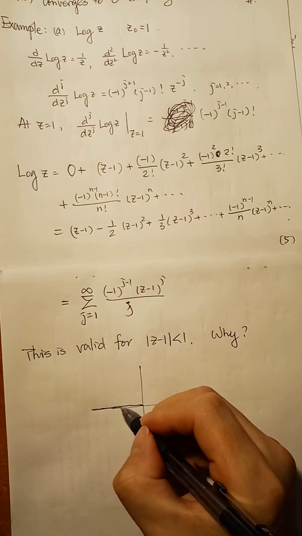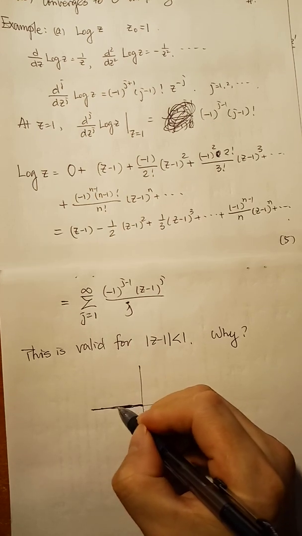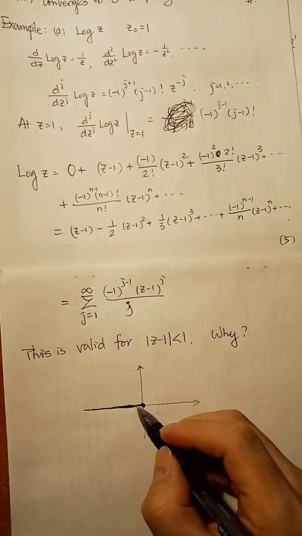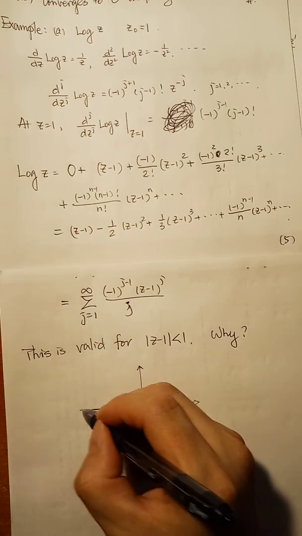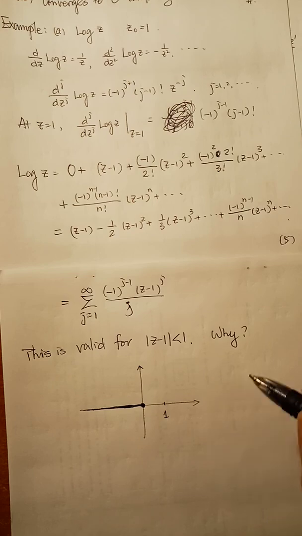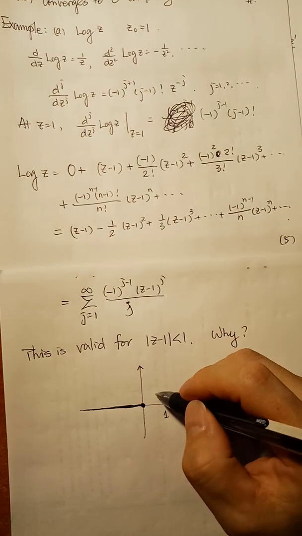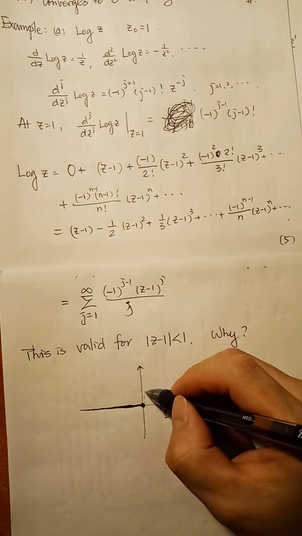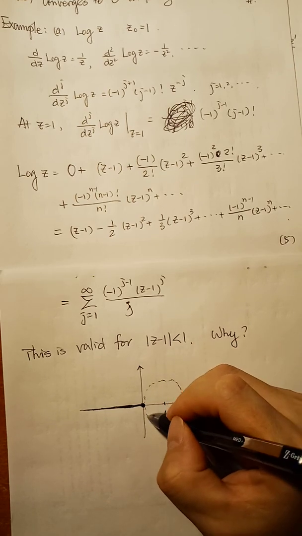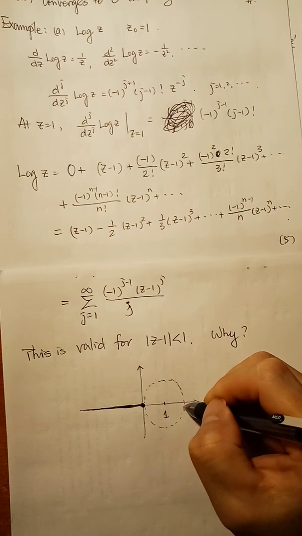Remember, we cut the complex plane along the negative x-axis, including 0. So 1 is here. If you want to find an open disk centered at 1 with radius r, the radius 1 is the maximum possibility.